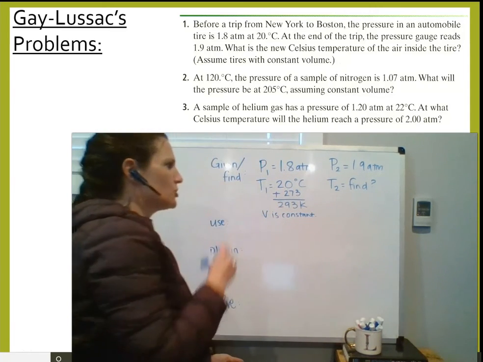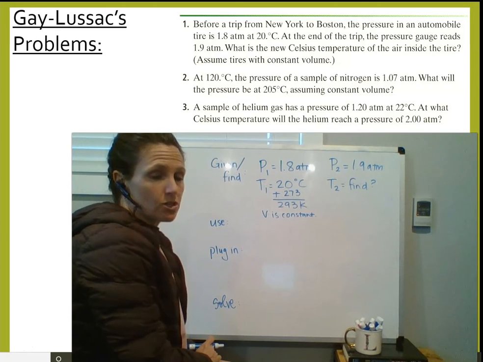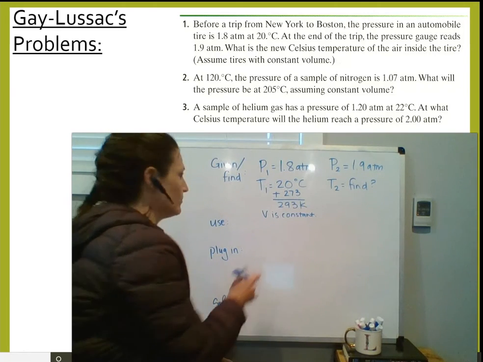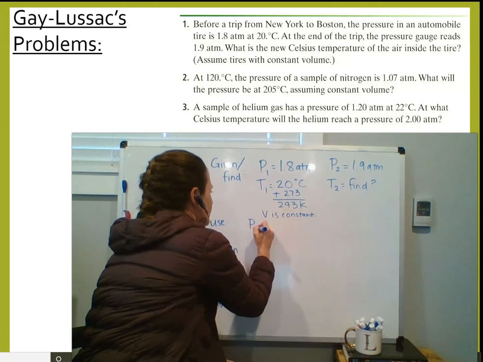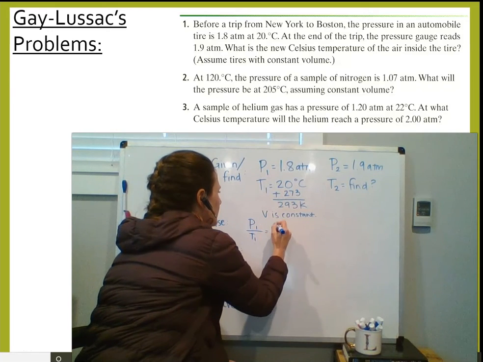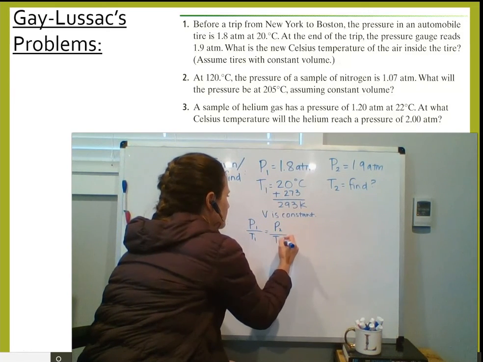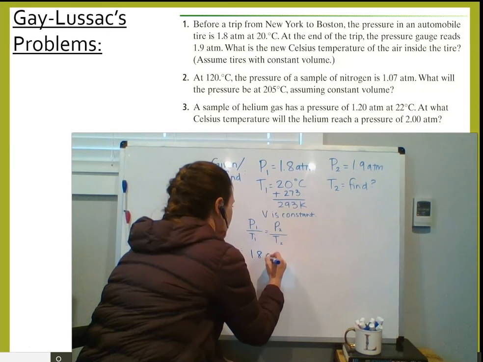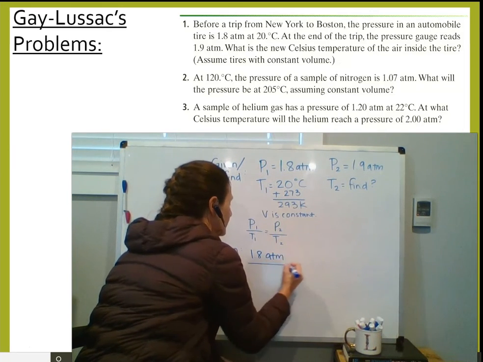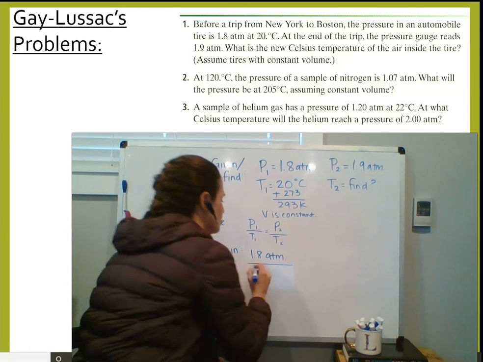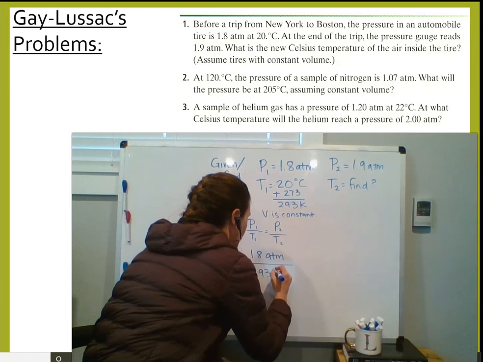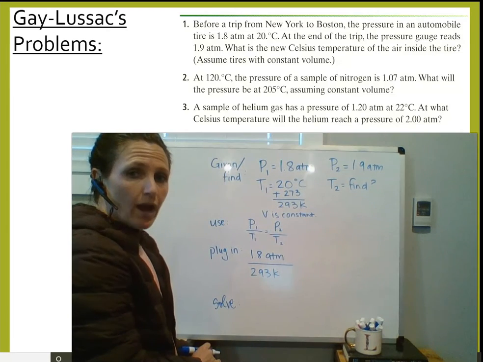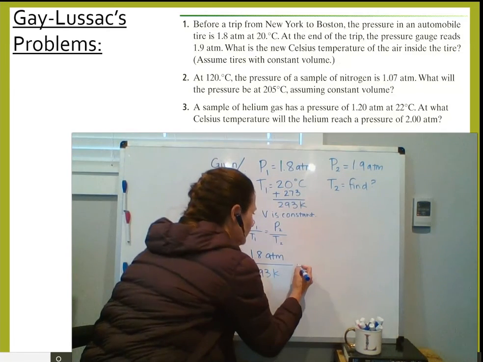So here we need to choose a law that has pressure and temperature in it, but not volume. That's going to be Gay-Lussac's law: P1 over T1 equals P2 over T2. We plug into that pressure 1.8 atm over T1, 293 Kelvin. Always be sure you're in Kelvin. You have to plug in Kelvin.